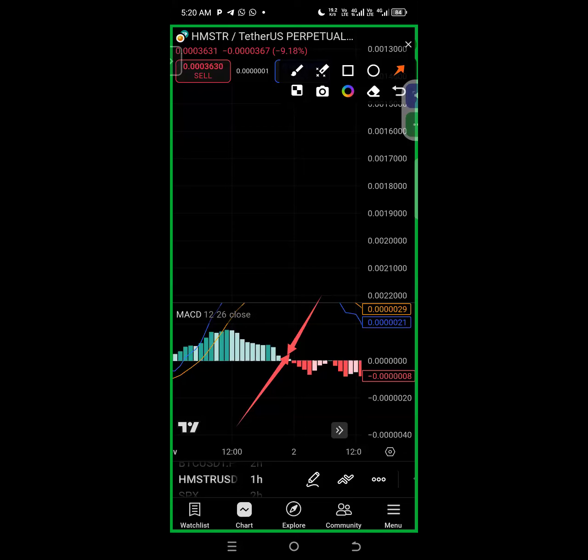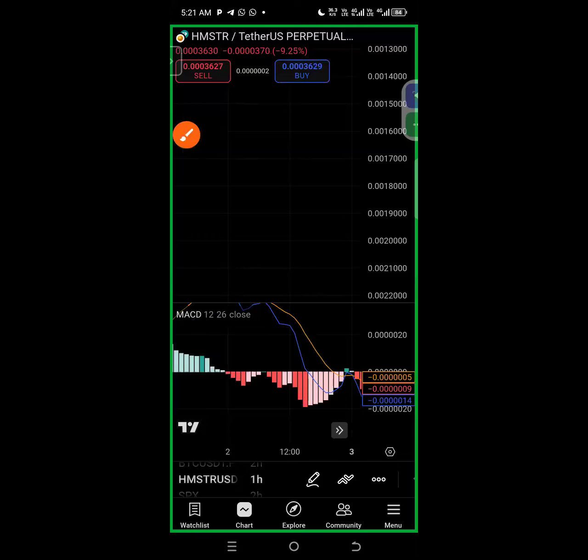If the histogram, sorry, the MACD line, the crossovers, is far from the zero line, that may give us an indication that it is either a strong momentum or a weak momentum, right?